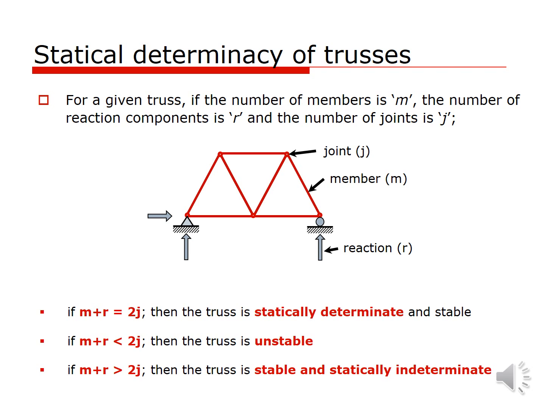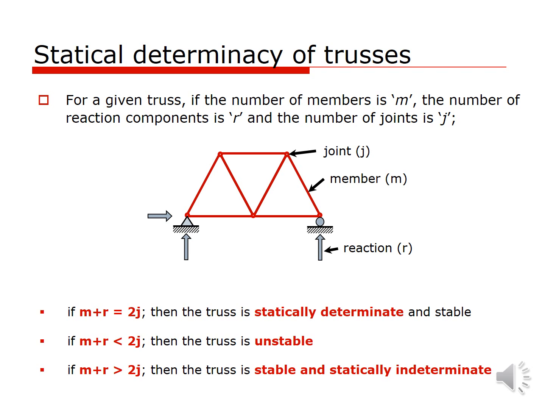Now if the truss is statically determinate, then the number of equations should be equal to the number of unknowns. So we can conclude that if M plus R equals 2J, then that truss is statically determinate and stable. Therefore, if M plus R is less than 2J, then the truss is unstable.